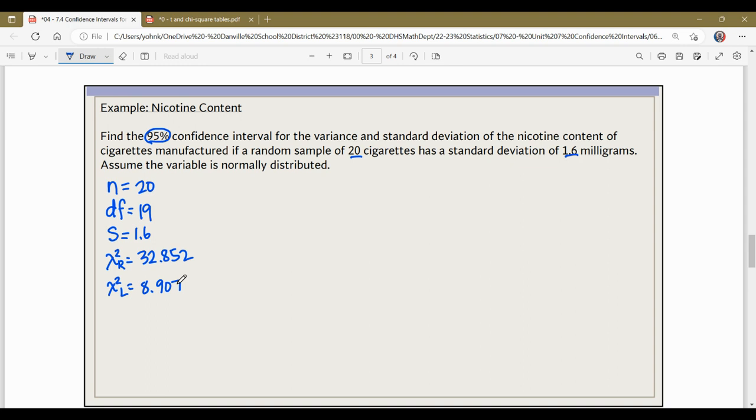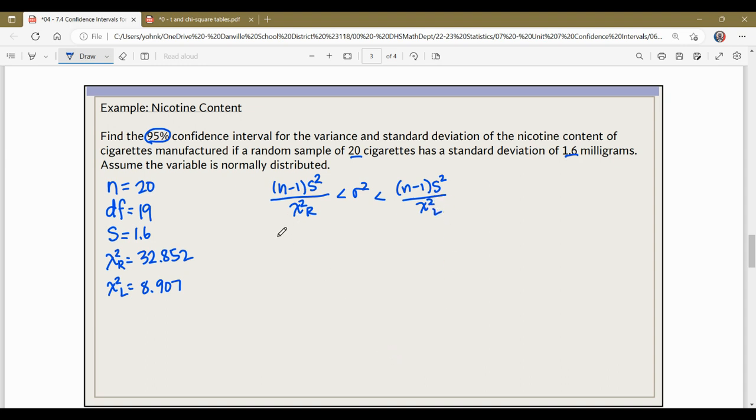All right, I think we're ready to start our calculations. Remember, the formula is n minus 1 times the standard deviation squared over chi-square right is less than sigma squared, the variance, is less than n minus 1 times s squared over chi-square left.